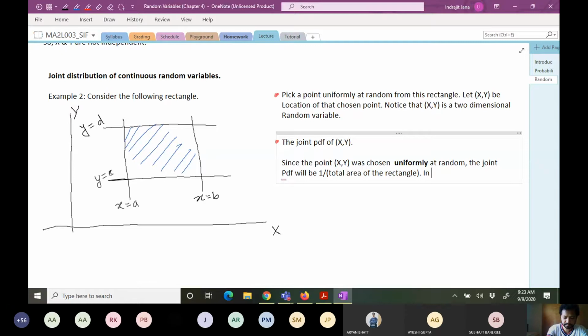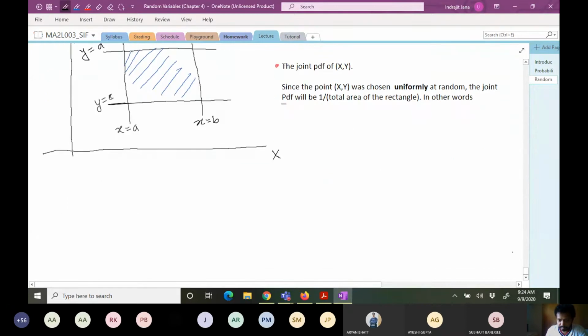So in other words, let me write this. This joint PDF, which is fxy(x,y), is going to be 1 over the total area, which is (b minus a) times (d minus c).